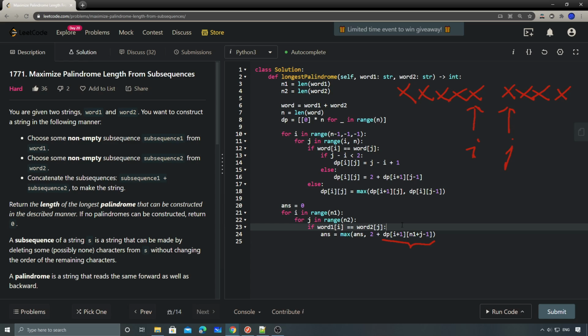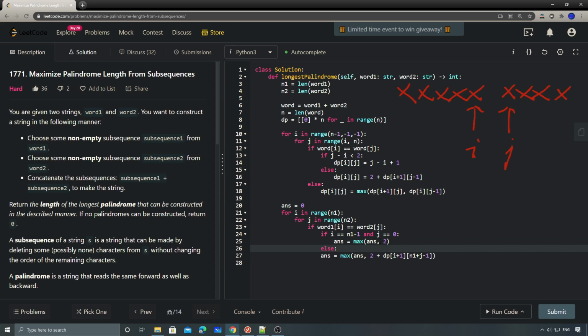Yeah, so this is what I mean. Basically, if i is equal to n1 minus 1 and j equals 0, then the answer should be the max of answer and 2.